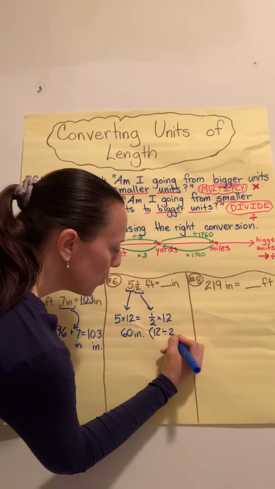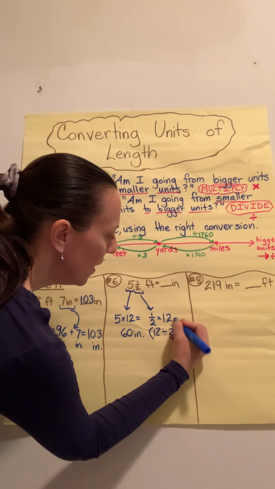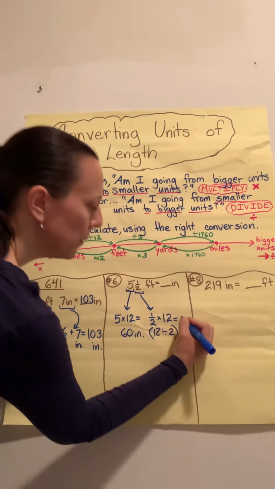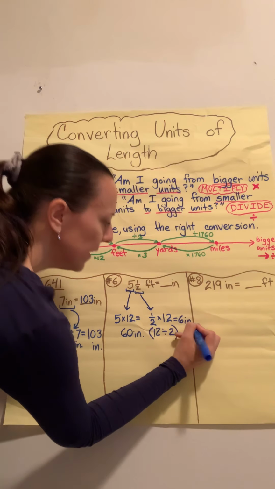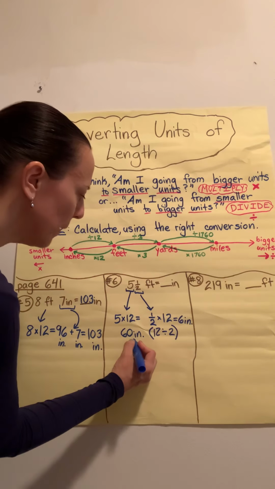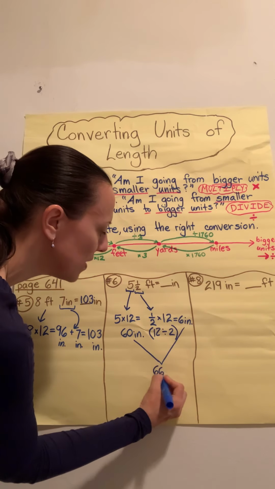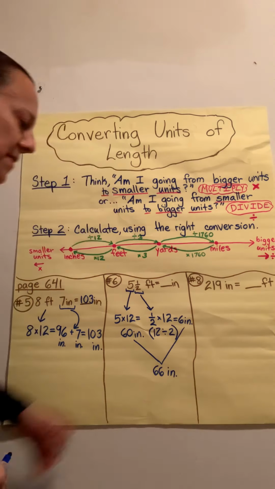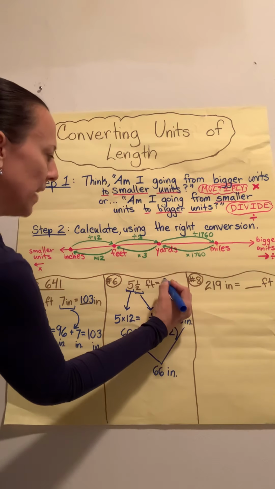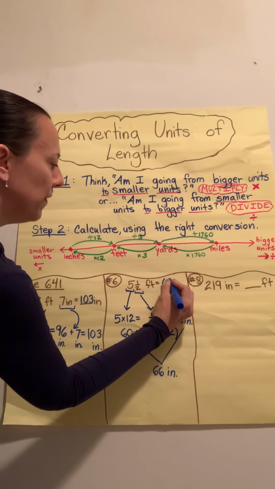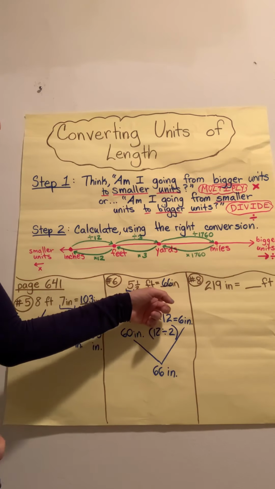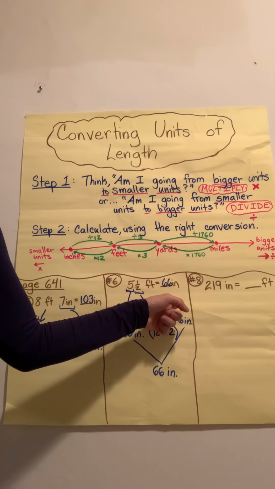Thinking of it as 12 divided by 2, that means half of a foot must be 6 inches. Now I can put the 60 inches and the 6 inches together for a total of 66 inches. So now I know that 5.5 feet is equivalent to 66 inches.